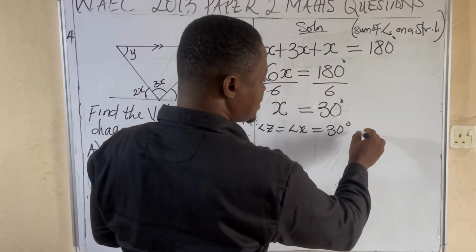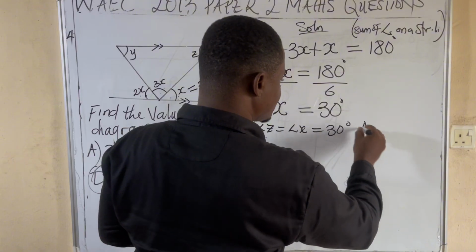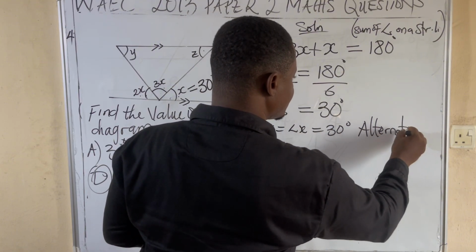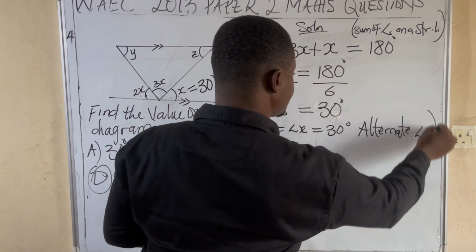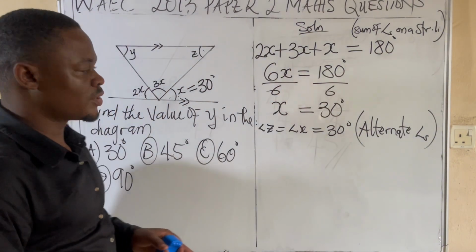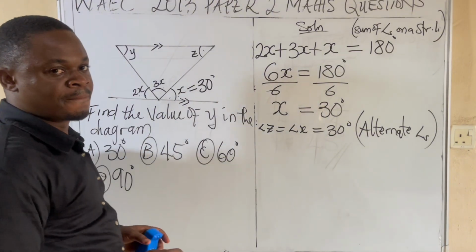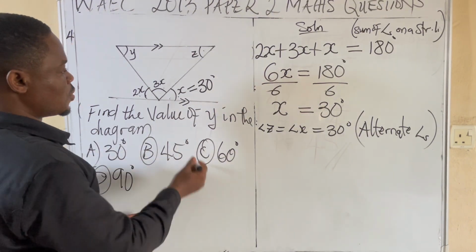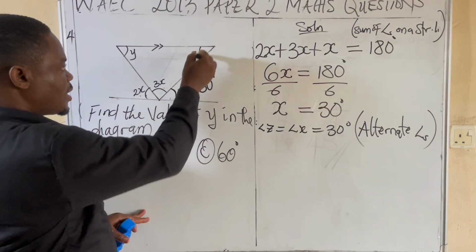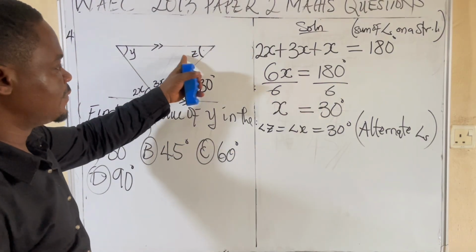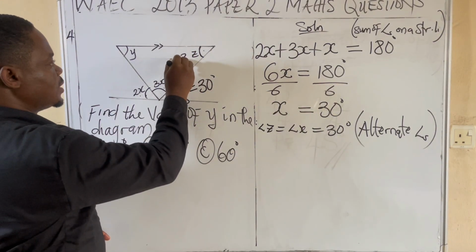The reason is that they are alternate angles. Why are they alternate angles? This line and this line are parallel lines. So the angle formed here and the angle formed here are going to be equal. So here, the value of this angle is also 30 degrees.